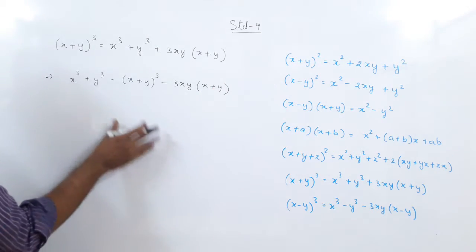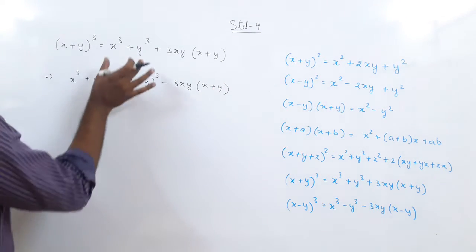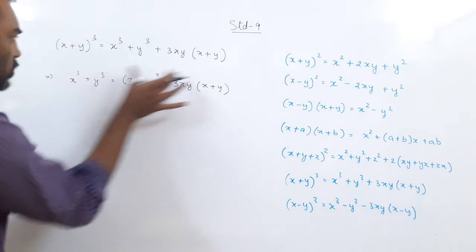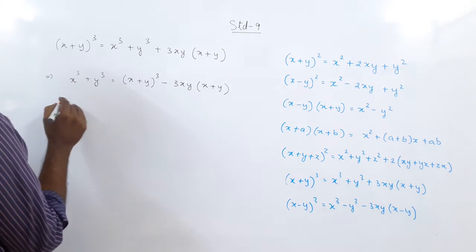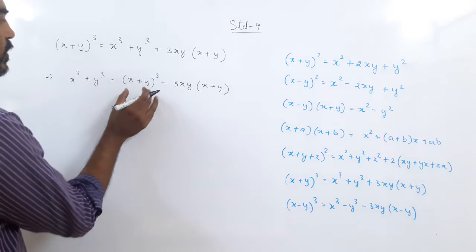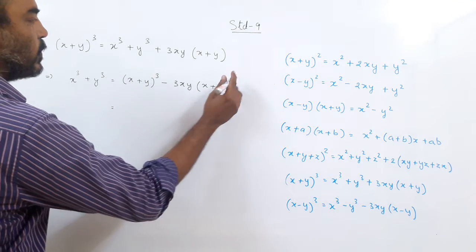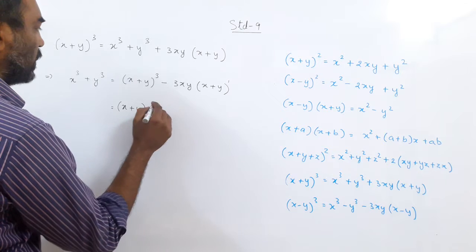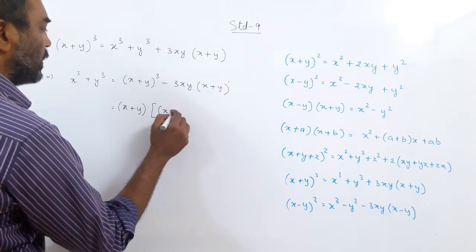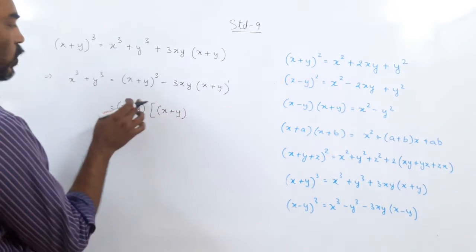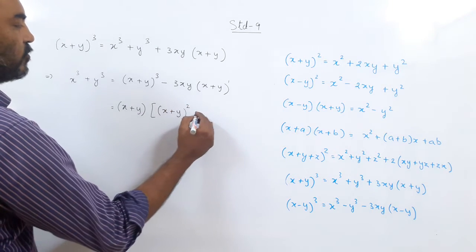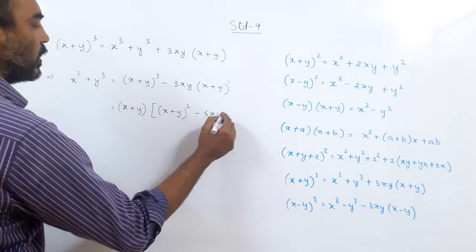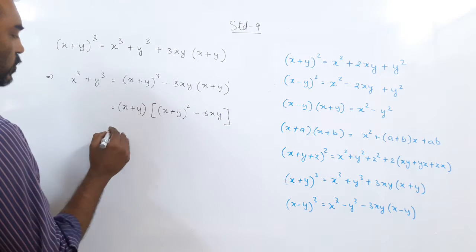Did you follow what I did? I changed the sign, but I have kept this as it is. I have taken this on the other side, so this is what I get. Now this is to the power 3, this is to the power 1, the bracket. If I take out the bracket common, (x plus y), I am left with (x plus y) the square, minus 3xy, because the bracket is taken out.